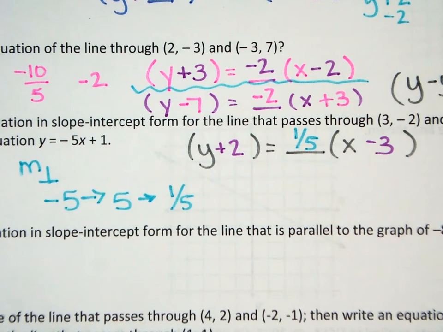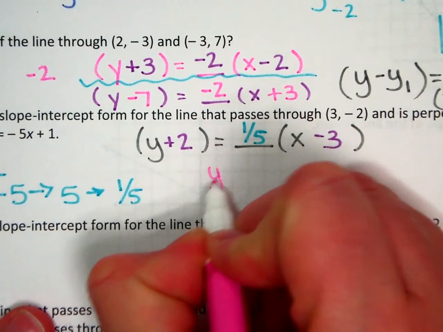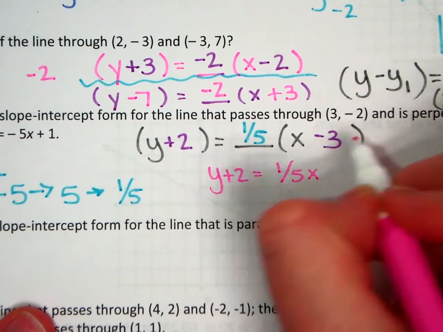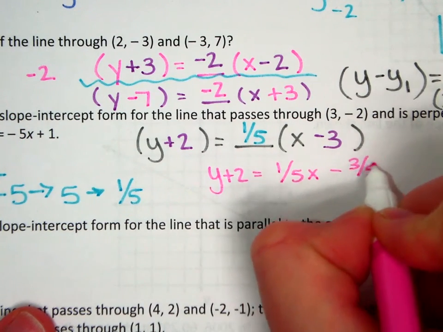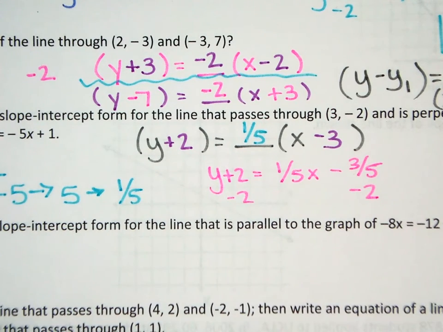Now to write this in slope-intercept form, I would distribute it through and then solve for y. So distributing through, and doing that work in pink, is y plus 2 equals 1/5 x minus 3/5. Minus 2, minus 2.